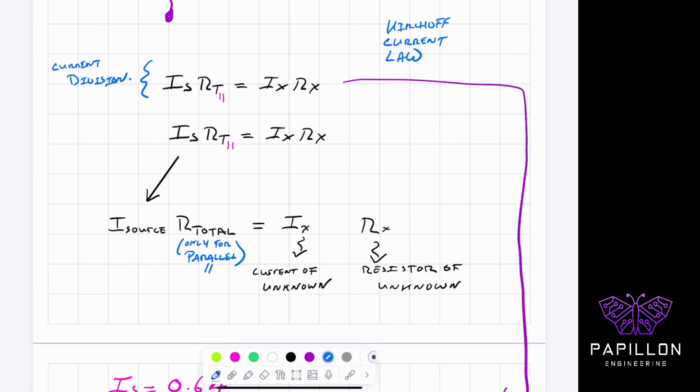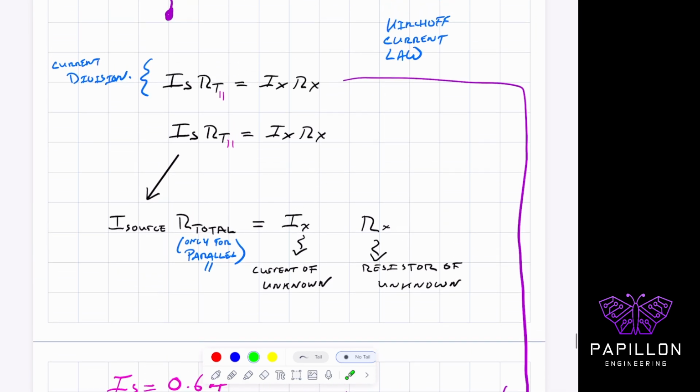That's why I put these little double lines. Over here, this is actually not the number 11. This is double lines, meaning parallel, or lines next to each other. So keep that really carefully in your notes. Then your current source times the R total of the portion of your circuit that's only parallel equals I of your unknown current times the resistor of the unknown, the one you're trying to solve for.